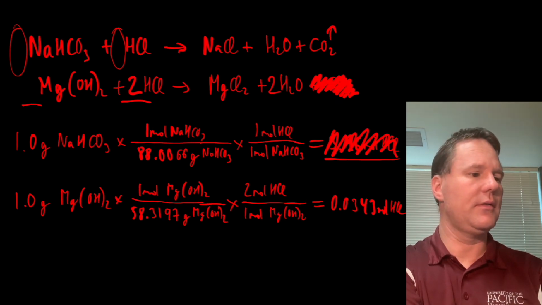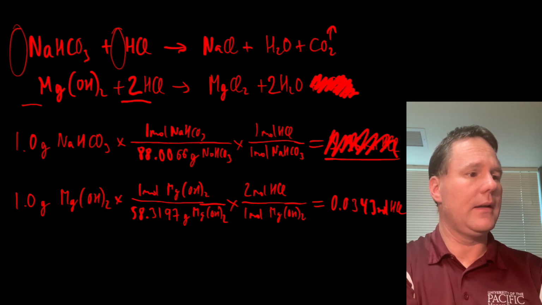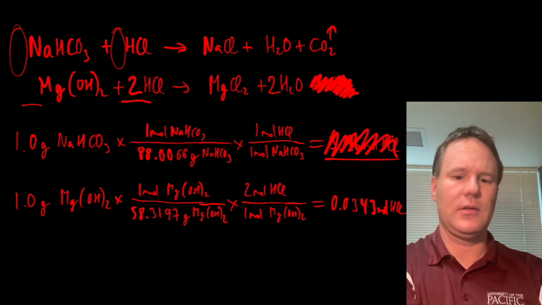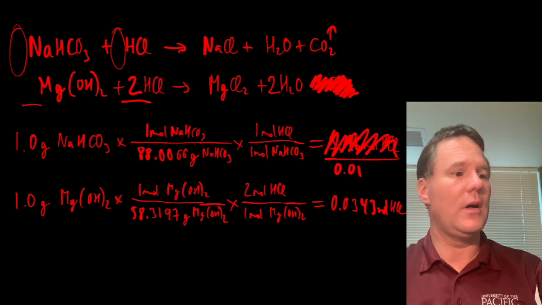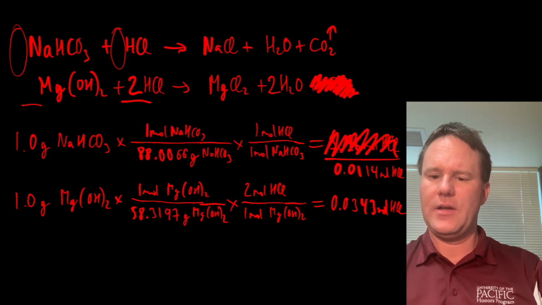Oh, because this is a different calculation. Okay, so let's do it again. So 1 divided by 88.0066, essentially. Okay, good. So it's 0.0114 moles of HCl. Sorry about that one.